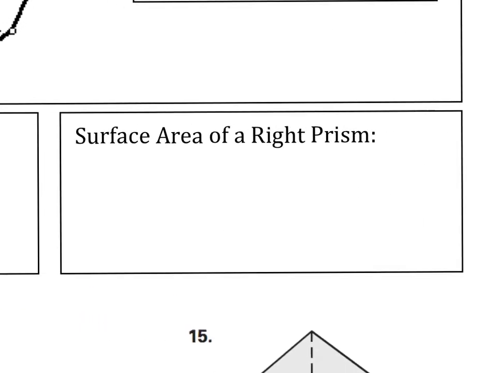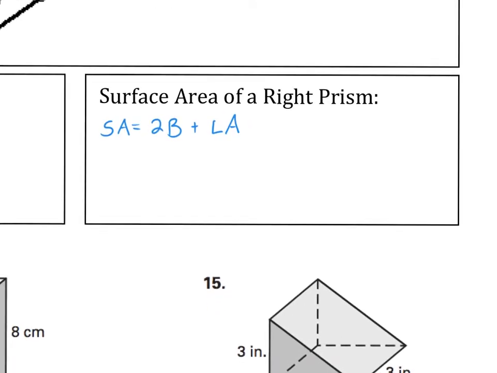All right, so surface area of a right prism. It's going to be this here. If there's two components, you have two bases, so we're going to say capital B for the area of a base, plus we're going to add the lateral area. So let's just make sure we have the terms here.